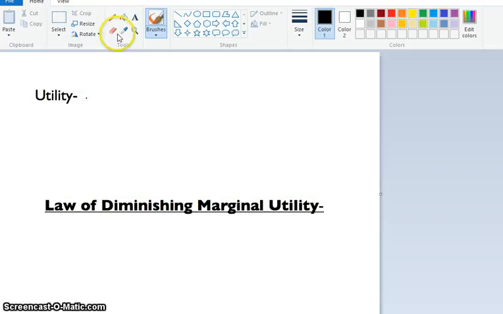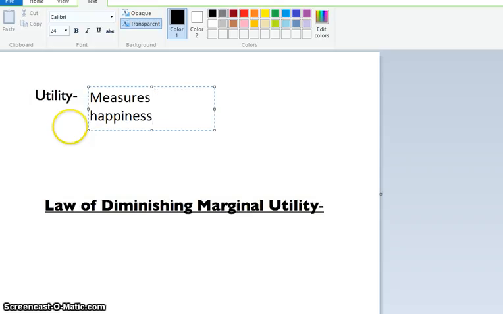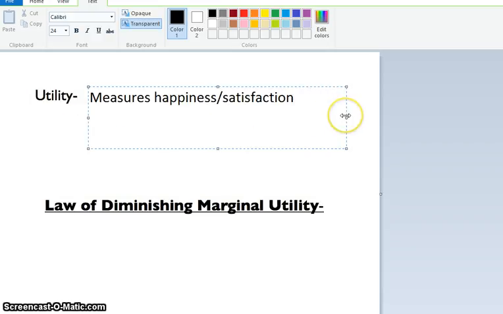So just to get you a couple of definitions here, I think you hopefully understand this idea that utility is simply a way for us to measure happiness, or I'll call it satisfaction, or maybe even usefulness.